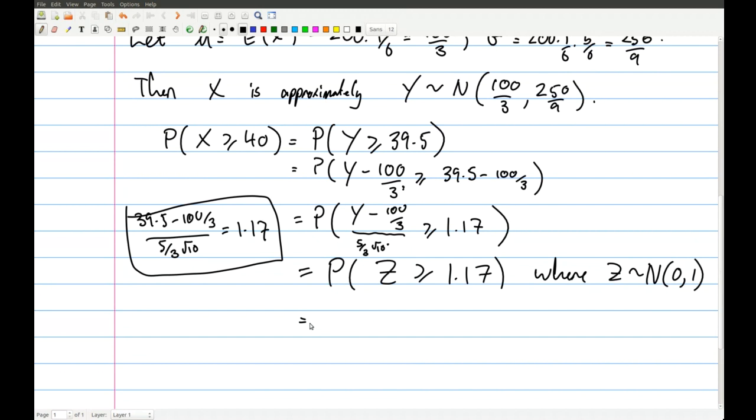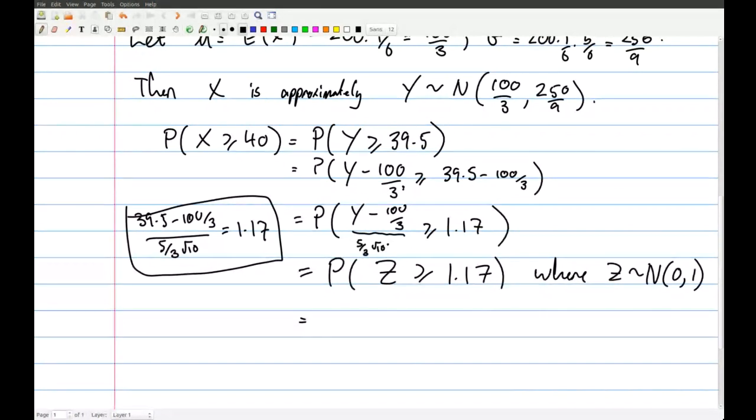And this is where you grab your table, and that big table tells you 1.17. That's going to be this one.